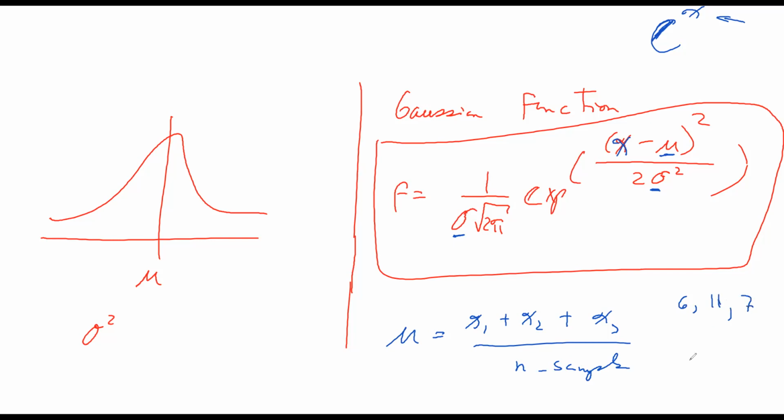So that's just going to be 6 plus 11 plus 7, that's 24, and then divided by 3. So 24 divided by 3 is 8. So that's your mean there. We're not doing anything special like the weighted mean or anything like that. We're just calculating a standard mean. Okay?